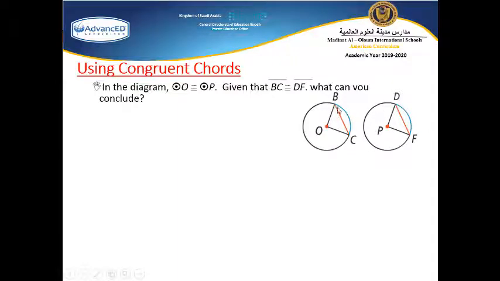If chords BC and DF are congruent, then the central angles and the arcs are also congruent. Then arc BC is congruent to arc DF, and central angle BOC is congruent to central angle DPF.